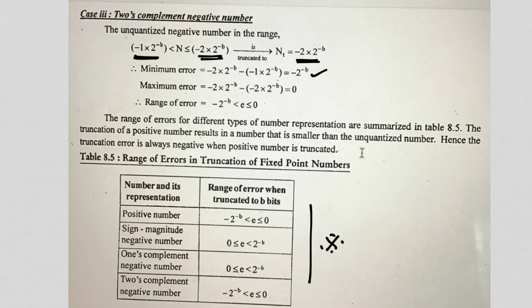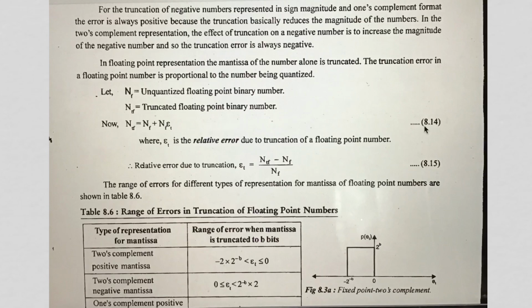And if it is truncated by only one number representation, obviously nt minus n will give me the error. The range of errors should be remembered by the student. For the truncation of negative numbers represented in sign magnitude as well as 1's complement format, the error is always positive because the truncation basically reduces the magnitude of the numbers.